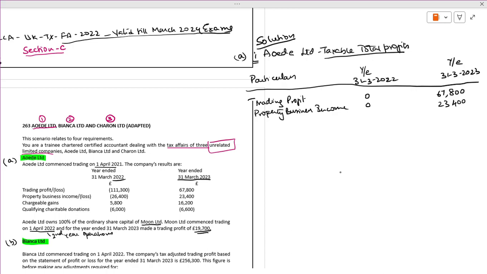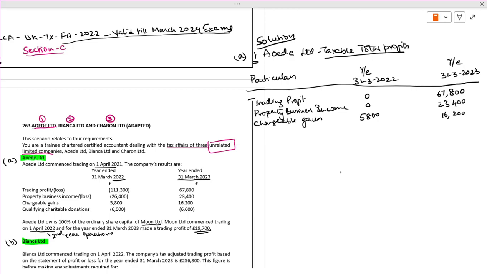Fine. Next, what is there? There are chargeable gains of 5,800. Is it? You have chargeable gains of 5,800 and 16,200.